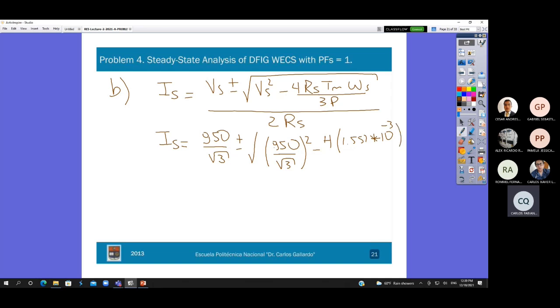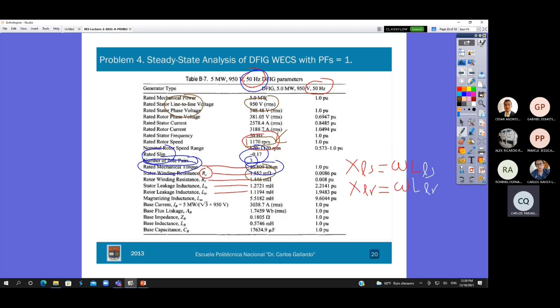Okay. What about the rated torque? According to this problem, it is equal to... So what is the value? So we compute this value. Where is this value?